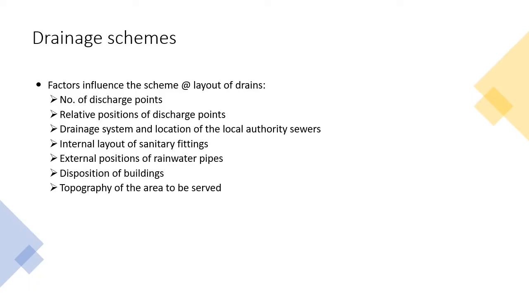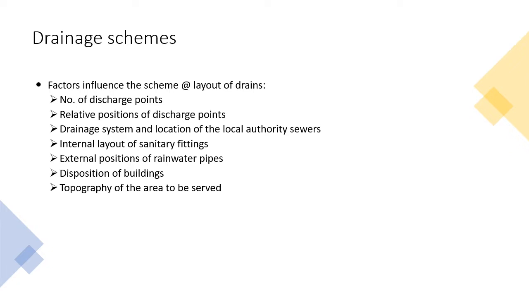Factors that influence the scheme or the layout of the drain include number of discharge points, relative position of every discharge point, drainage system and location of the local authority sewers because kita perlu connectkan between our drainage system dengan local authorities punya sewers, internal layout of the sanitary fittings, external position of rainwater down pipes.